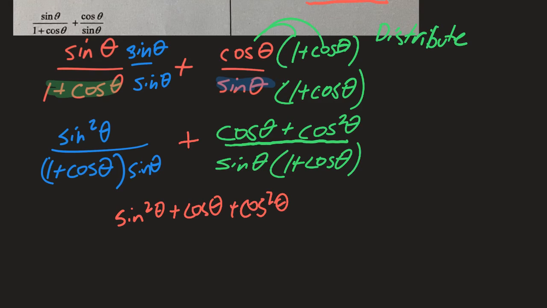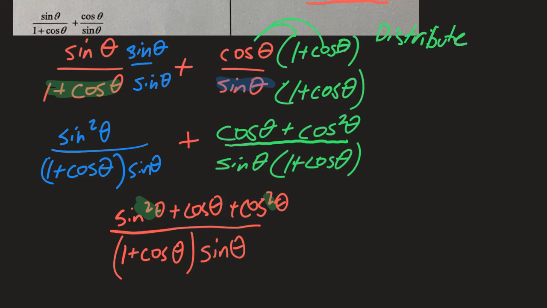And on bottom, I still have that same thing, right? 1 plus cosine theta times sine theta. Okay. Now, is there anything I can do with this to make it simpler? Because right now, it still looks very messy. It looks like we haven't really even simplified this. Well, I'm noticing something. I see these that are marked as being squares.